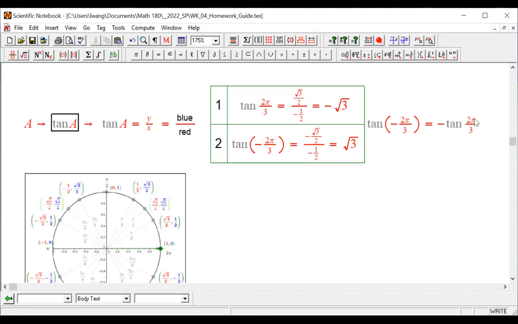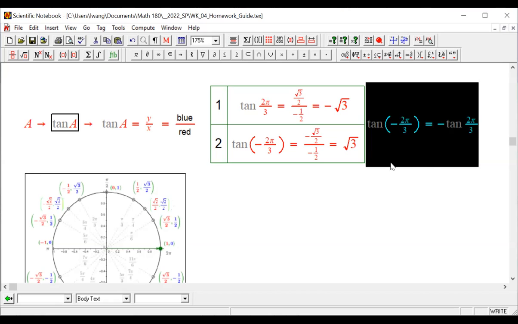So when the inputs are opposite, the outputs are opposite. How about cotangent? You can try cotangent. Go ahead, try them. Cosecant, secant, right? And discover for yourself. But anyway, we already have a glimpse of what we expect in terms of odd function and even function for the future functions we're going to be working with.